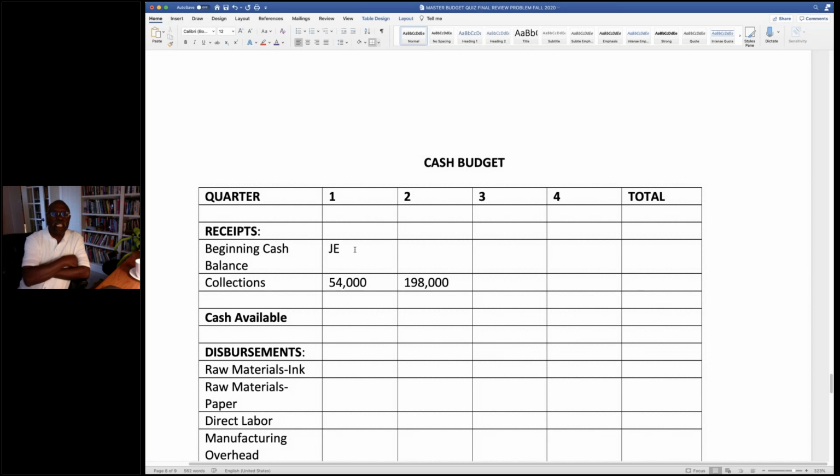And what was our beginning cash balance? 100,000. Yeah, but you said the minimum cash balance is 200,000.